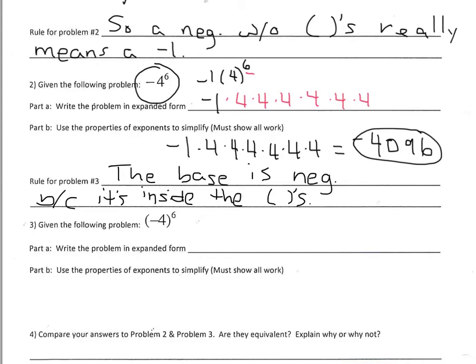So in part A, when it says to write the problem in expanded form, that parenthesis -4 raised to the 6 really means -4 repeated 6 times.